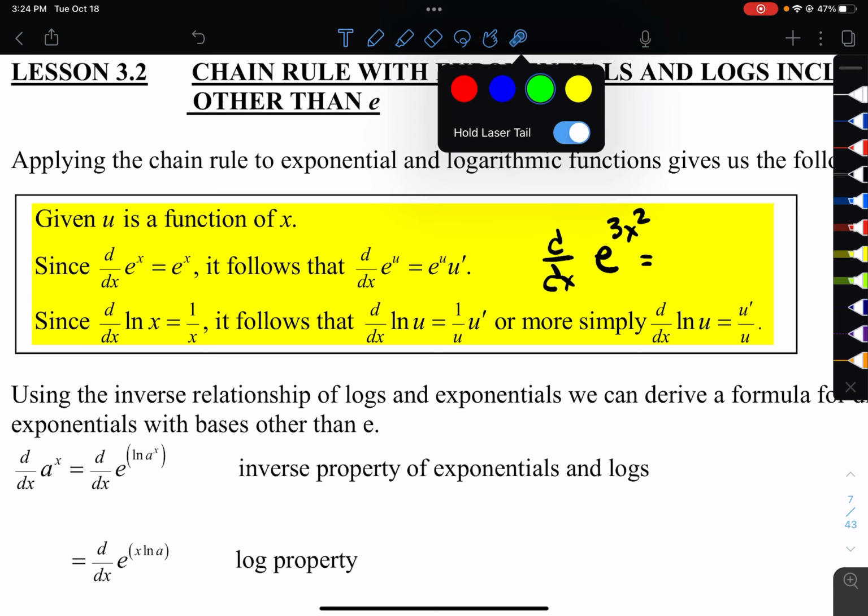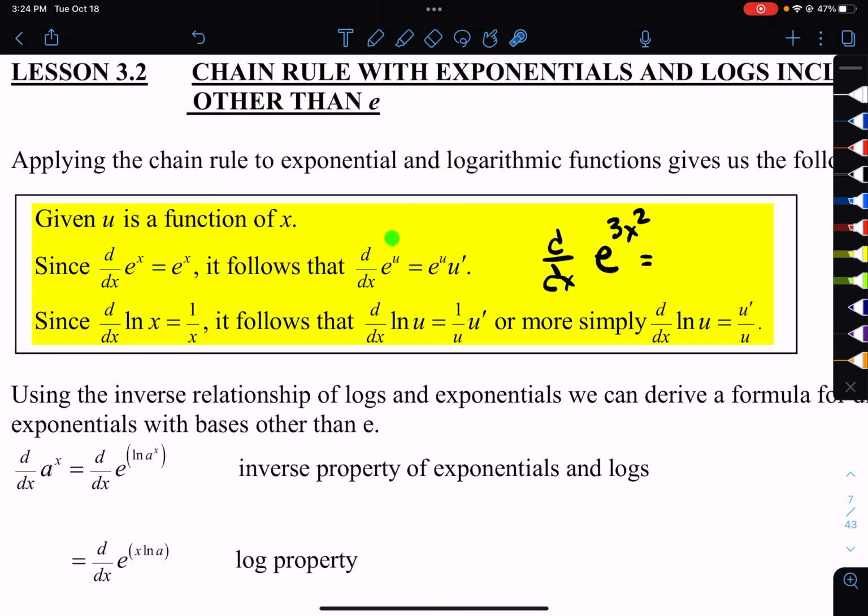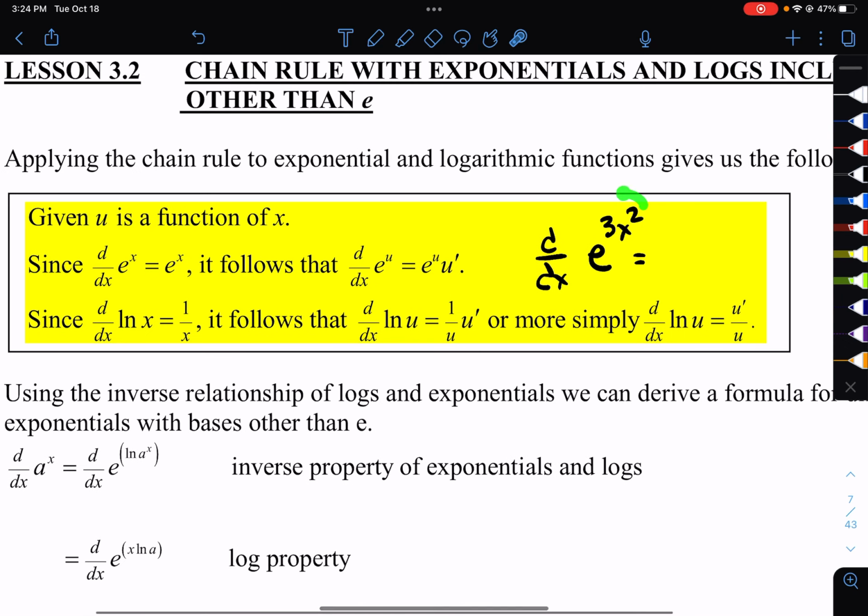The formula that it tells me to use, if I want to take the derivative of e to the u, and u represents some function like my 3x squared. That's kind of my u, right? These are the same thing. All it's saying is I'm taking the derivative of e when it's not just an x up top.